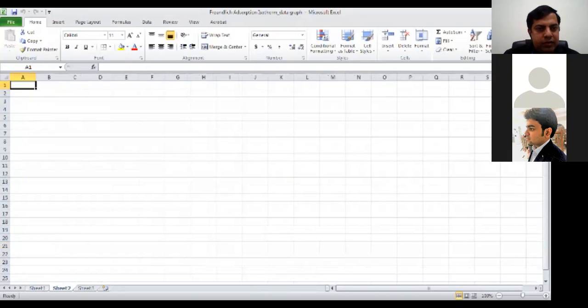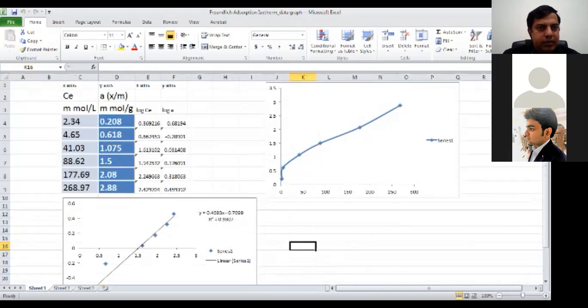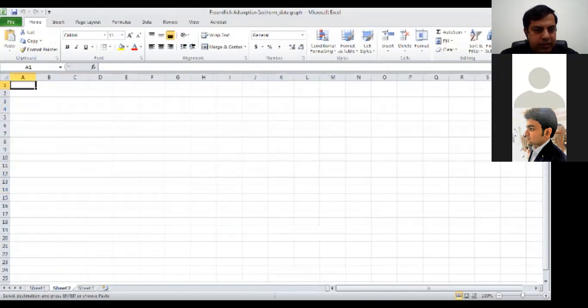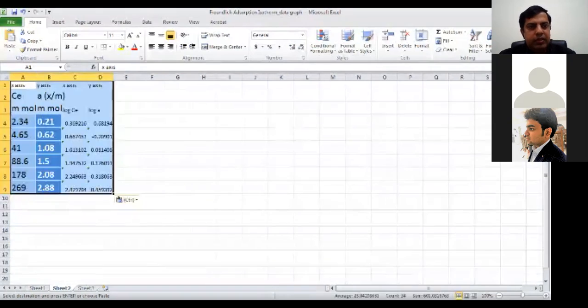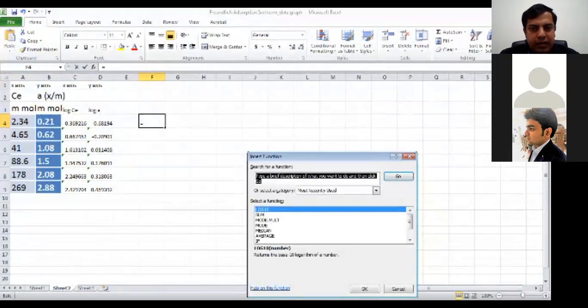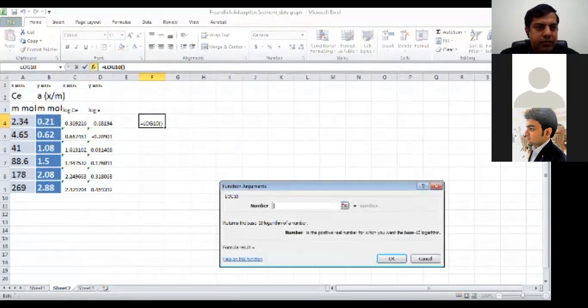So what you are going to do here, I'm just copying this one and putting it in here. The first thing is, I have already calculated these, but I'm going to show you. You take directly the log 10. You can take the logarithm, select the value.